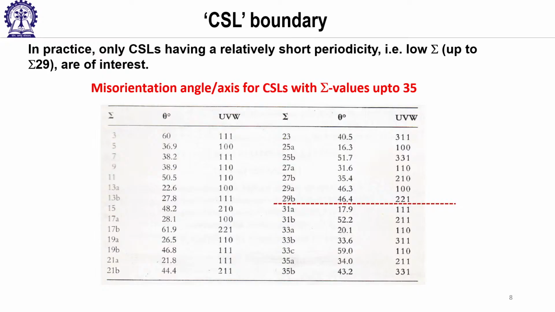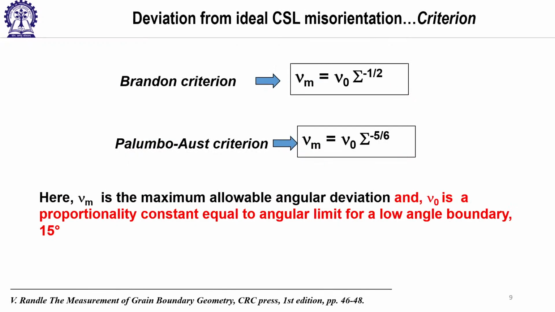So if it is misoriented by 63 degree along one axis, can we consider it a CSL boundary or a random boundary? What should we consider? Because please remember, as I said, you have dislocations. So there are postulations, there are criteria which allow you to calculate the deviation from ideal CSL misorientation.